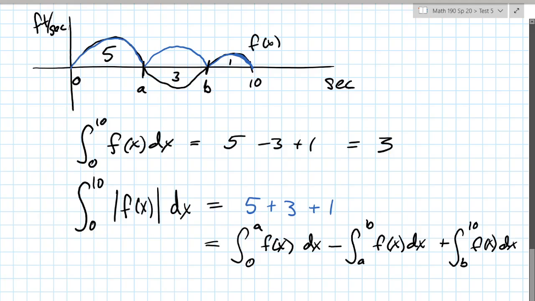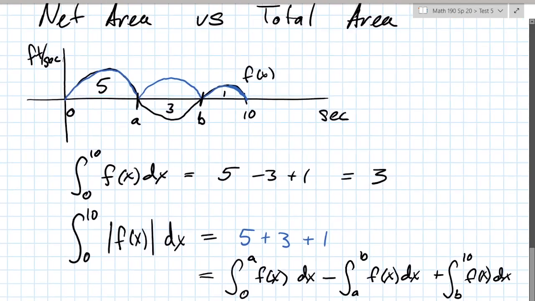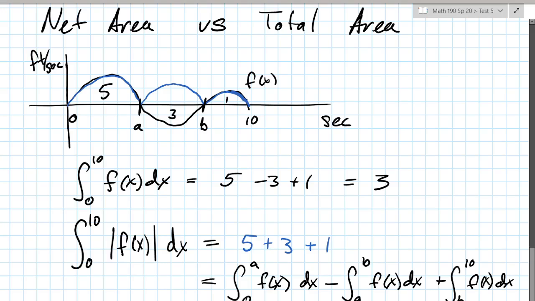So why would we ask the question, what is the integral from 0 to 10 of f of x versus what is the integral of the absolute value of f of x? Okay, so the classic example is the difference between distance traveled and displacement.